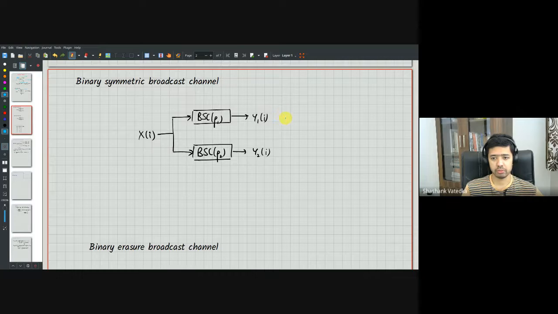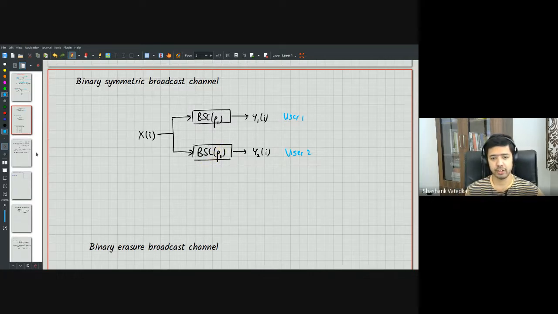Right? So you have user 1 seeing y1 of I and user 2 seeing y2 of I. So y1 of I is obtained by passing x of I through a BSC with crossover probability P1, whereas user 2 gets the output of x of I when passed through an independent binary symmetric channel with crossover probability P2.